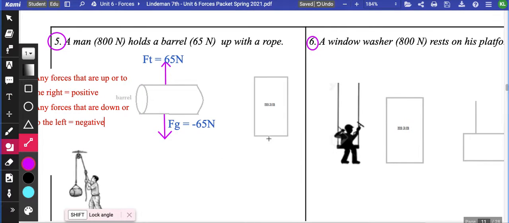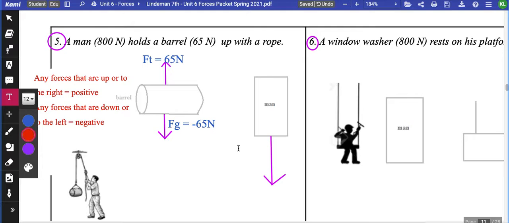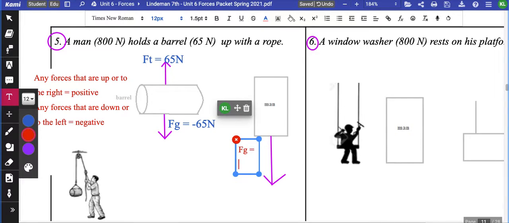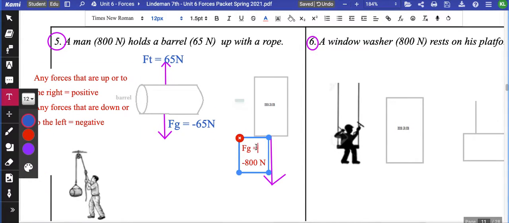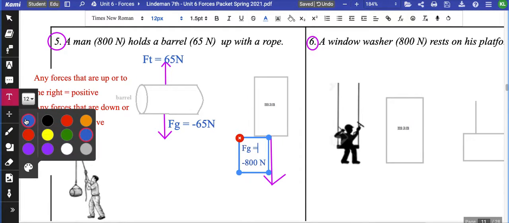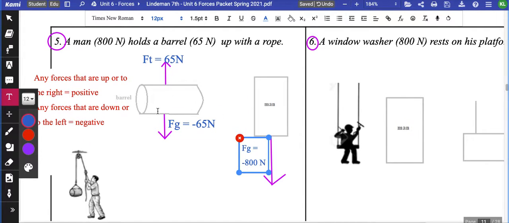All right, so then for the man, we want to start with his downward force, which is just his gravity force. So negative 800 newtons. All right, so here's where we need to start rationalizing our way through this. So here's the deal. This guy is stationary.